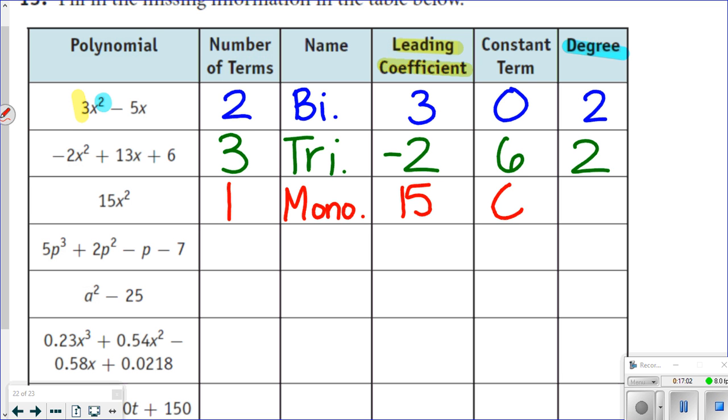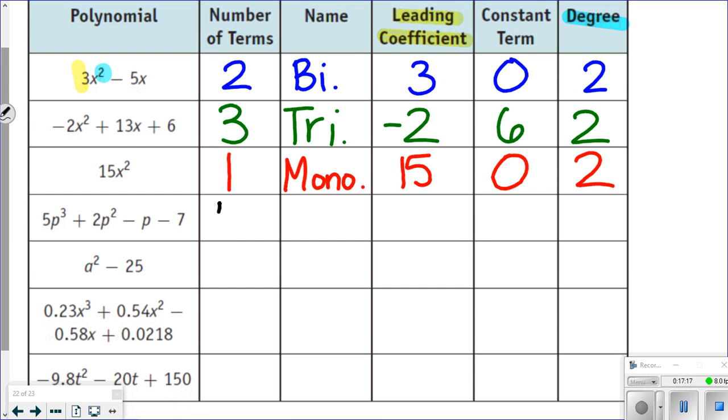I don't have a constant term, not applicable. Largest degree is 2. So if you wanted to, this has 4 terms, 2 terms, 4 terms, 3 terms. You could fill it in that way. Call this a polynomial.